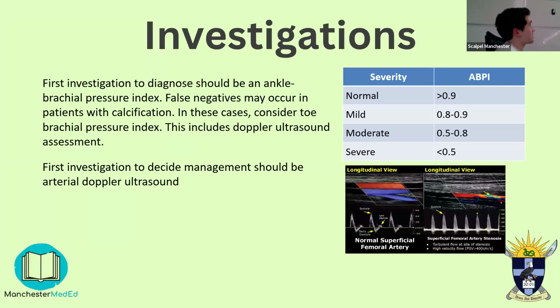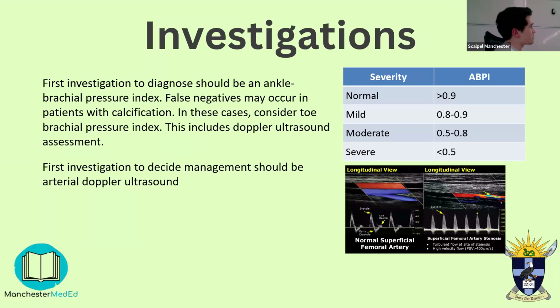Whereas a duplex ultrasound, and I've messed up the slides, I put Doppler there. It should say duplex on the bottom point. I apologize. A duplex ultrasound is an image, so you get an actual ultrasound image, and you can measure blood flow and get a waveform. And you can still get the same data from a Doppler that you get from a duplex, but you get additional imaging. The thing is, it requires a trained ultrasonographer, so it's a bit more specialist.